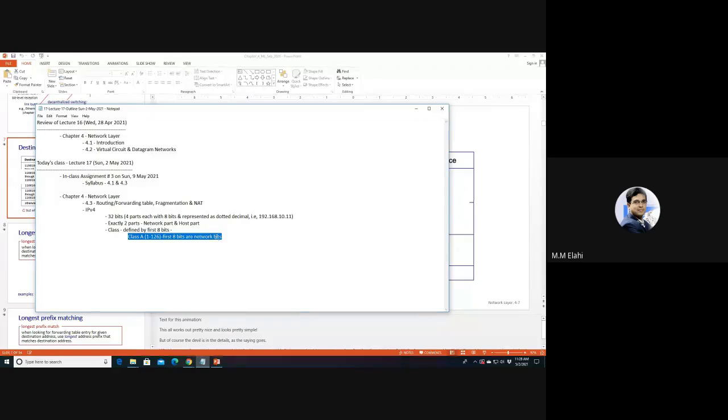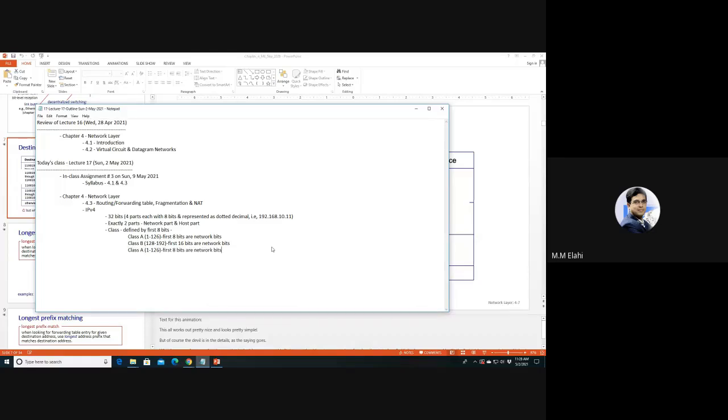Then in class B, 128 to 192. The first 16 bits are network bits. This is by default, but we will see this can be changed.